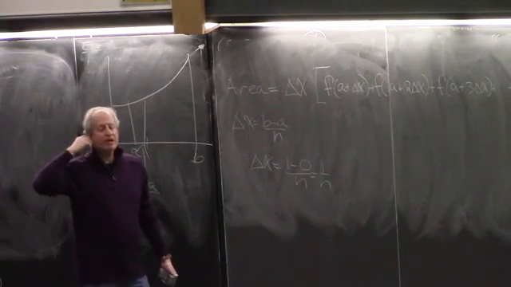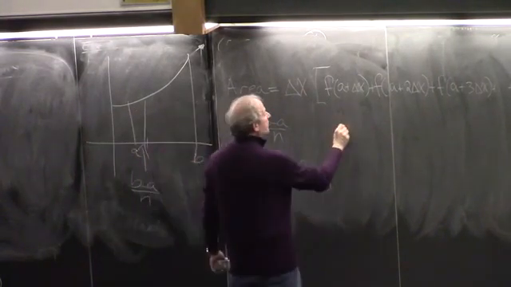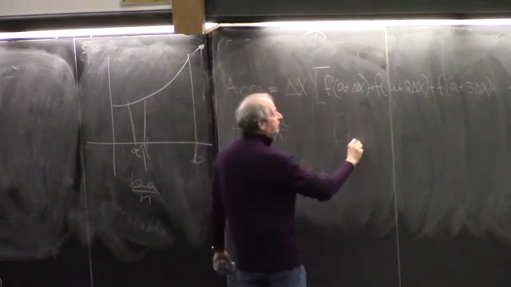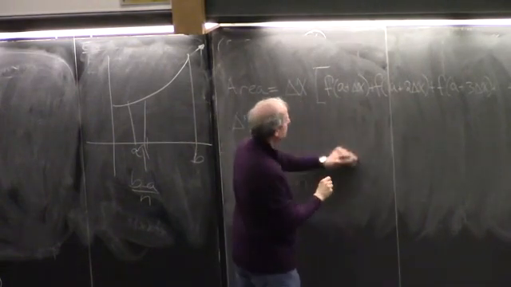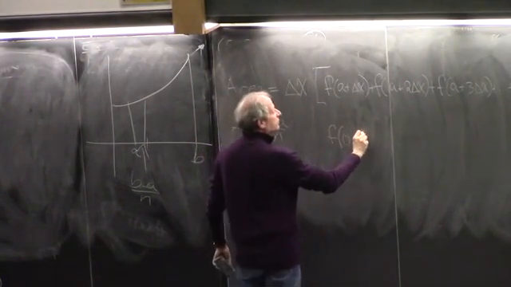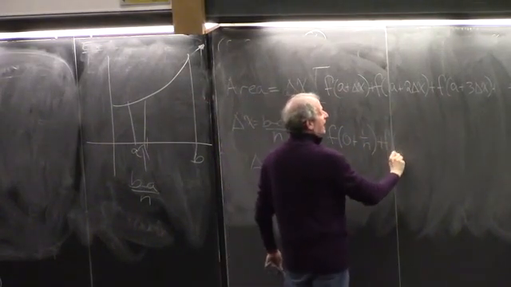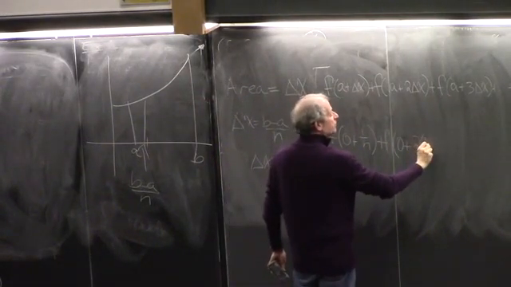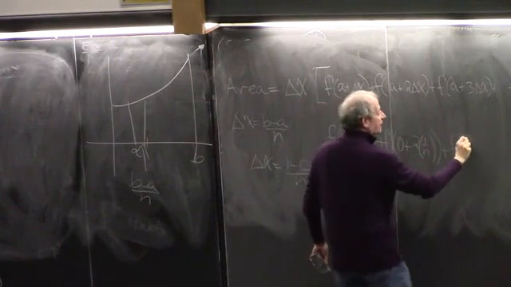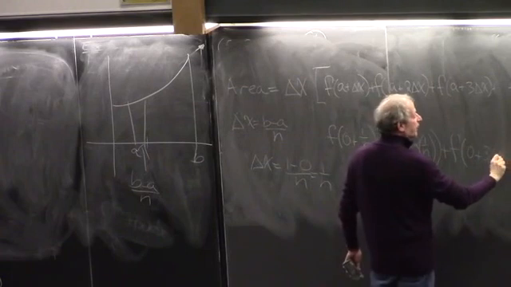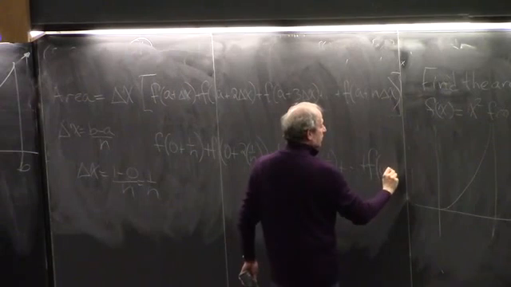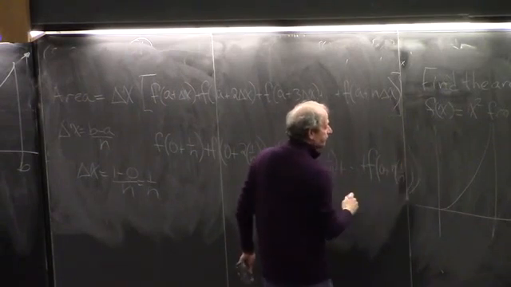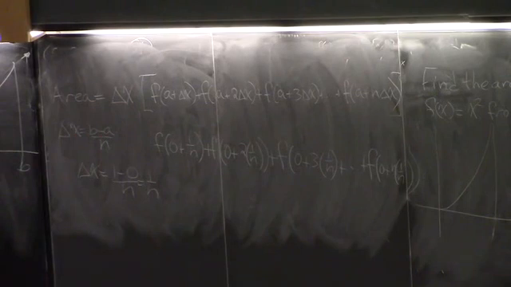So how can I come up with a nice way of writing all the other stuff? Well, let's see. I can start with f at 1 over n, which is f at 0 plus 1 over n, plus f at 0 plus 2 times 1 over n, plus f at 0 plus 3 times 1 over n, all the way up to f at 0 plus n times 1 over n.